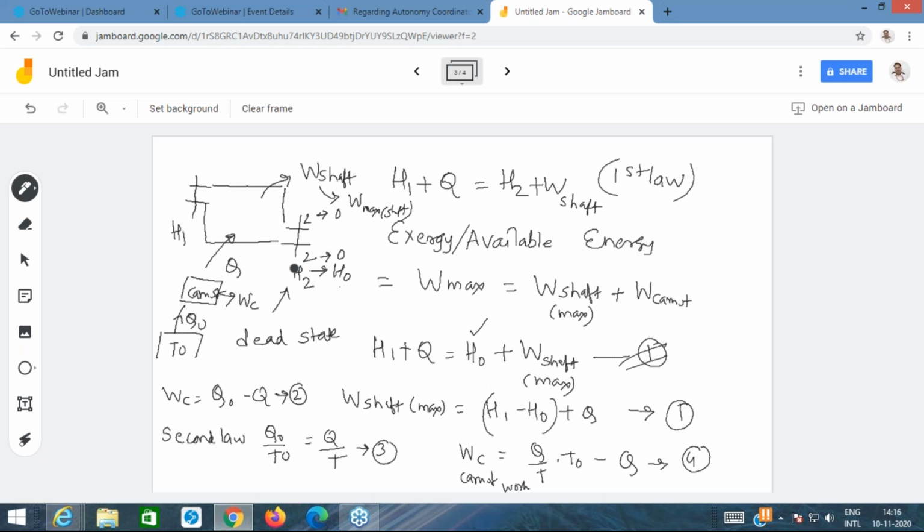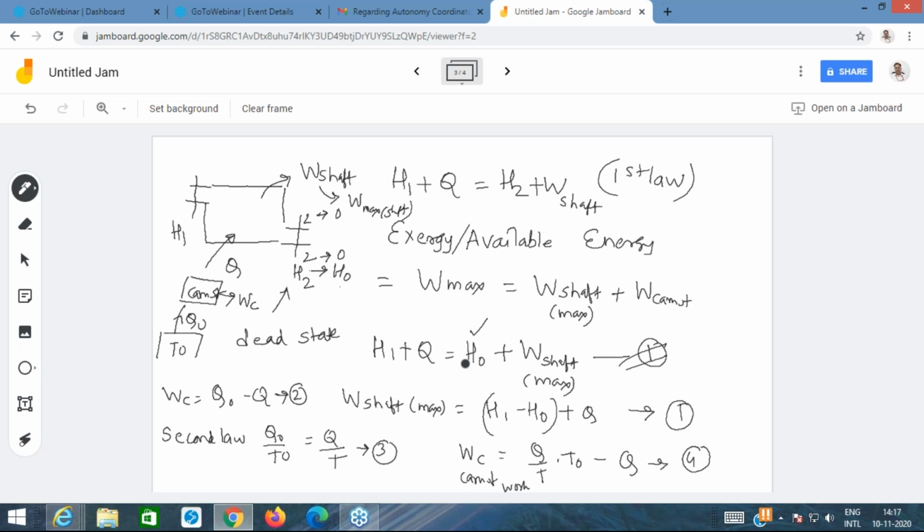Hello. Okay. So maximum shaft work, W shaft max. You will get the maximum shaft work only when state 2 becomes the dead state. So I can rewrite H1 plus Q is equal to H2 plus W shaft as H1 plus Q is equal to H naught plus W shaft.